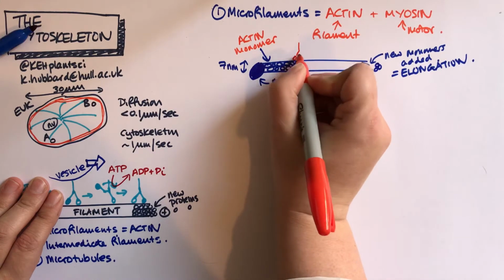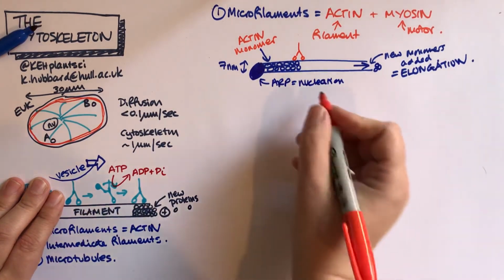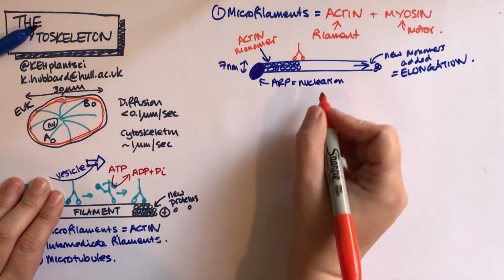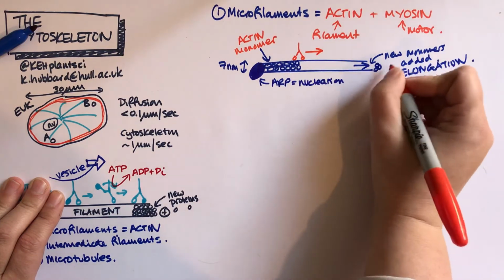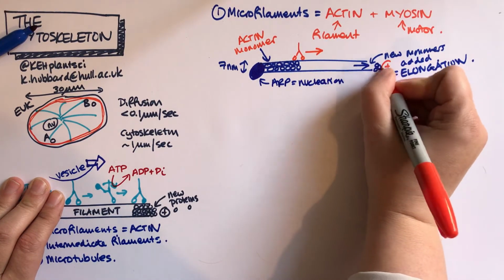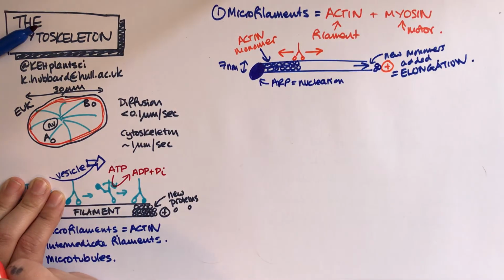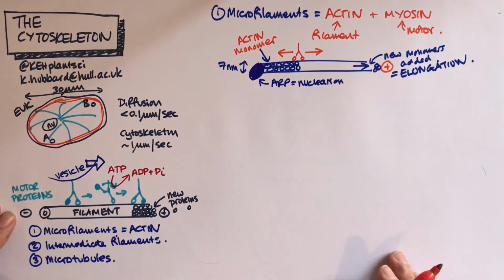So actin is the filament, and we have then our myosin motors. So again, they look like this, that sort of structure. And there are a load of different families of myosins. They're sort of related proteins. Some myosins go towards this elongating end, which we call the positive end, and some myosins go in that direction. So it depends which myosin you've got as to which direction it's going in.